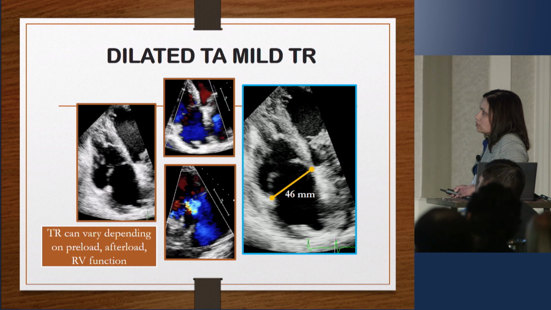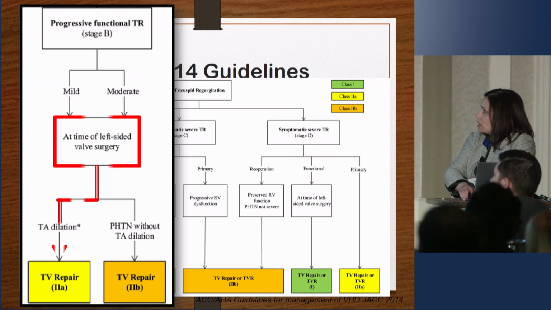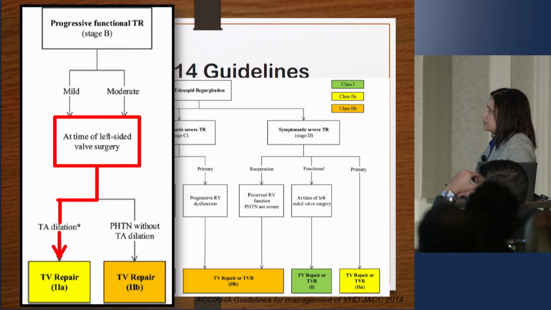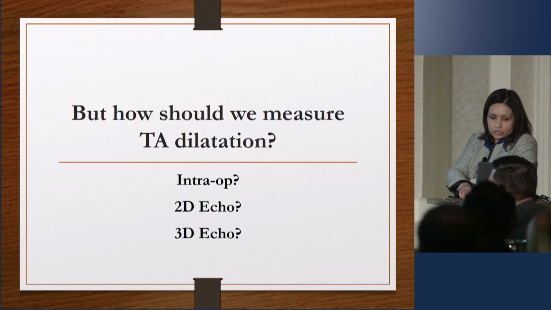However, if you measure the annular size here, this patient has a dilated annulus. The guidelines, as we talked about earlier today, tell us that tricuspid annular dilatation is important because patients with mild or moderate tricuspid regurgitation who are going for left-sided valve surgery, if their tricuspid annulus is dilated, then there's a class 2 indication for repair.